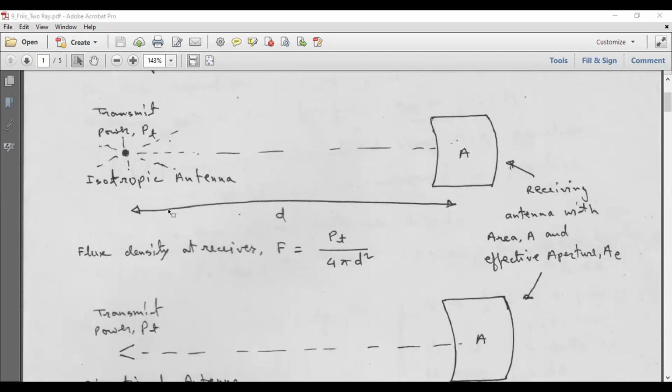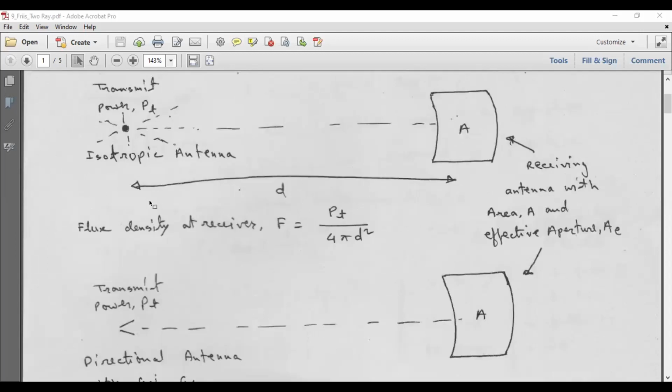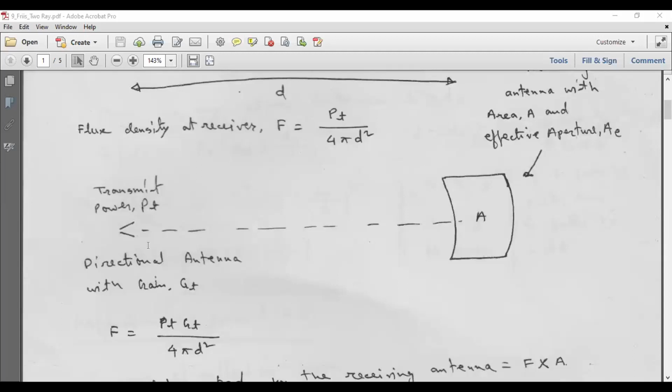But that's not what we are interested in. What you are sending from the source end matters as PTGT. From the receiving end, you are interested in how much you are sending towards me, right?